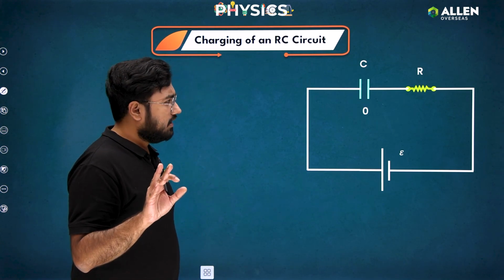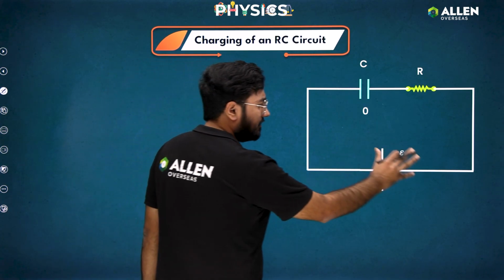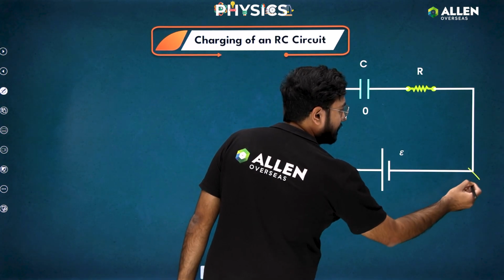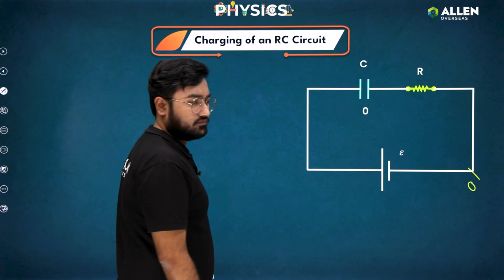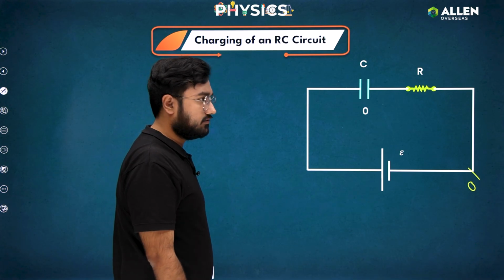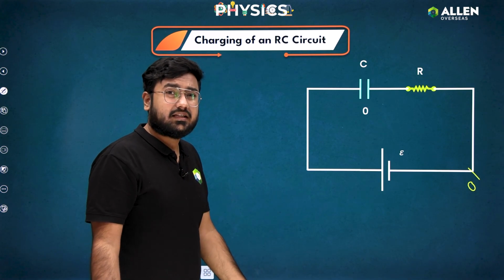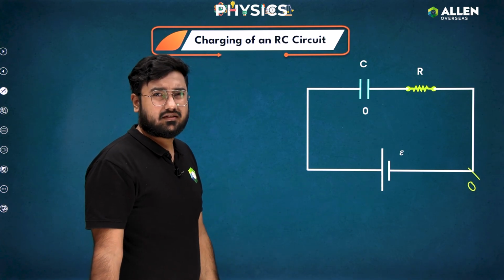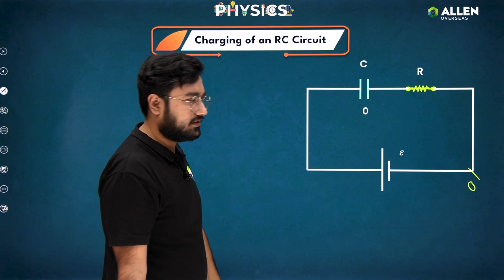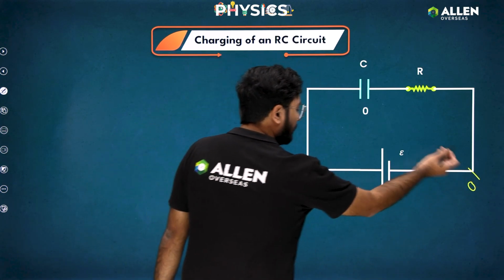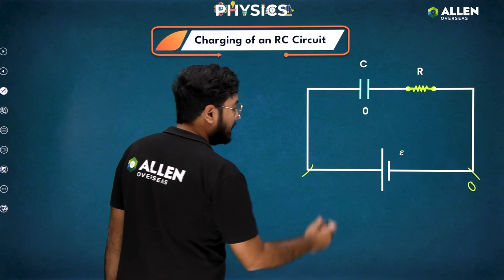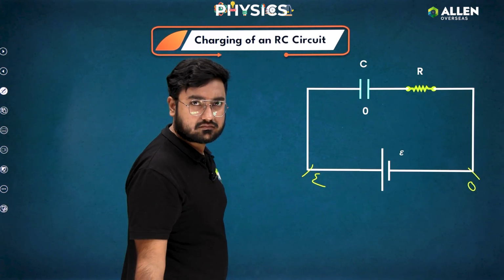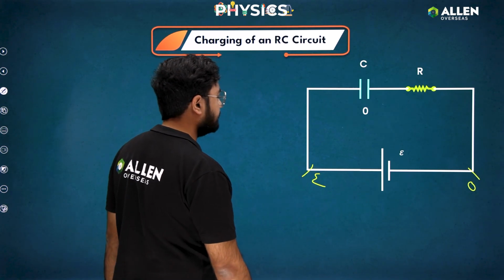Now if you look at this circuit and consider the potential at this point as 0. I can consider the potential at any point as 0, because what we require is the potential difference. So what will be the potential of this point? That will be the basic.